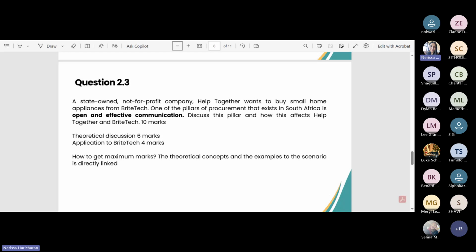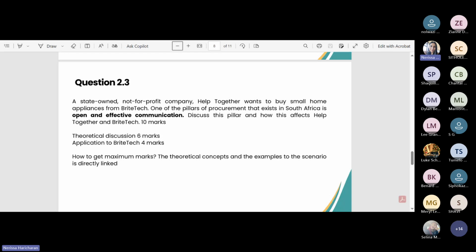So you're discussing this pillar. If there is another pillar, like for instance, I think it was value chain, and you want to bring it into how it affects communication, bring it in. But specifically for this question, they're telling you to discuss this pillar.